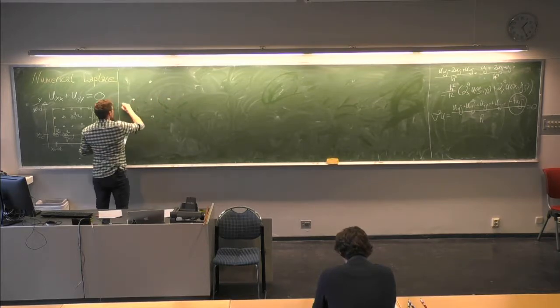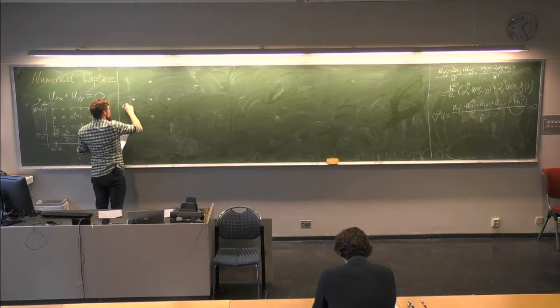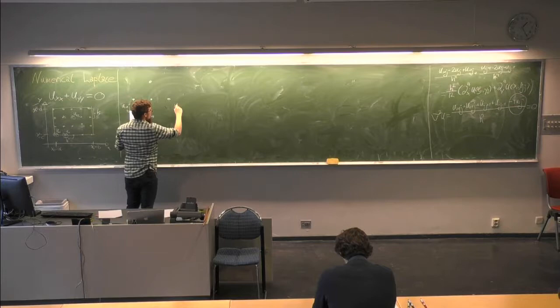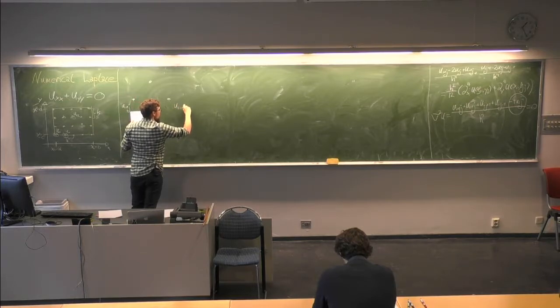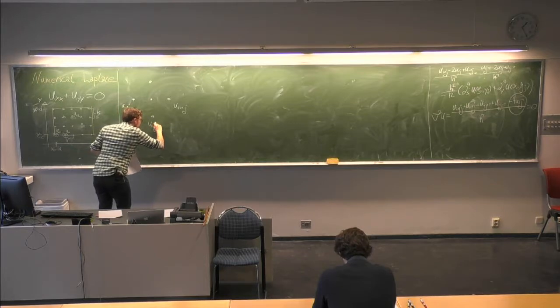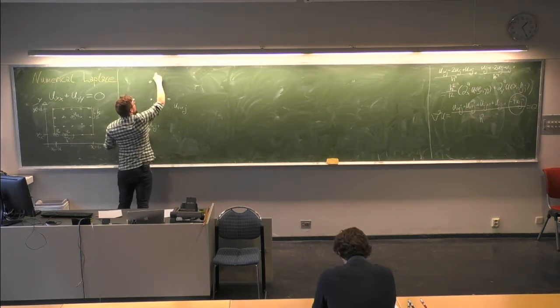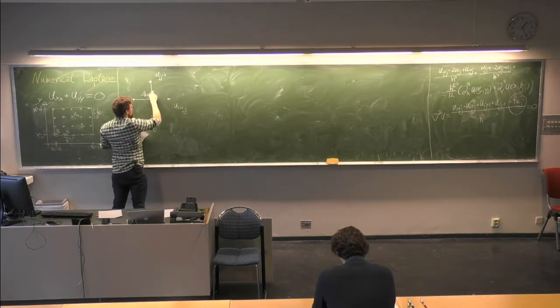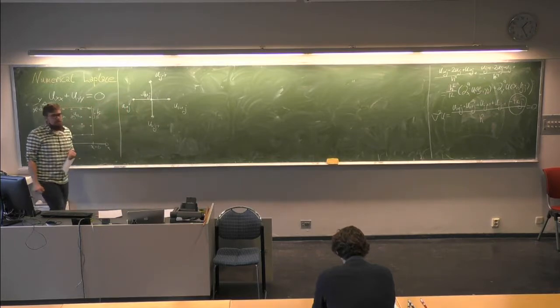We have ui minus 1 j over here, on this side ui plus 1 j, ui j minus 1, here ui j plus 1, then here ui j. And this is called the stencil of this equation.